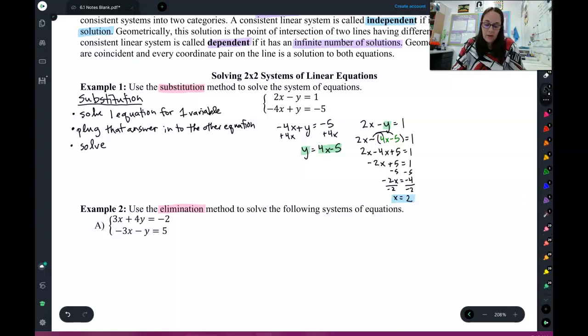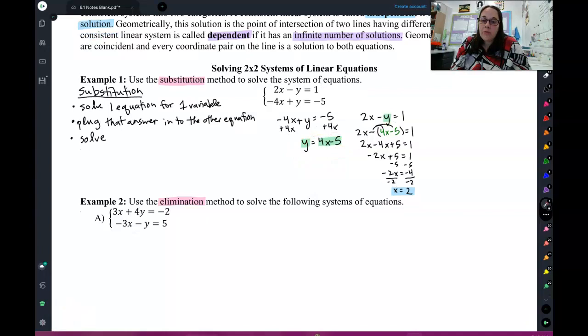Now, we're not done yet because we also need to know what y equals. So now we're going to take this x equals 2 and plug it into any of the equations that I have so far. I could plug x equals 2 in here and solve for y, or here, or here. Just because I can pick any one of them doesn't mean that one of them isn't going to be easier than the others.